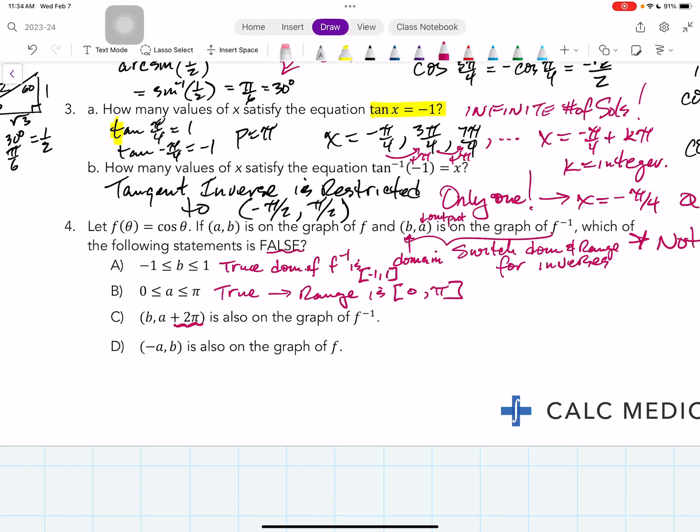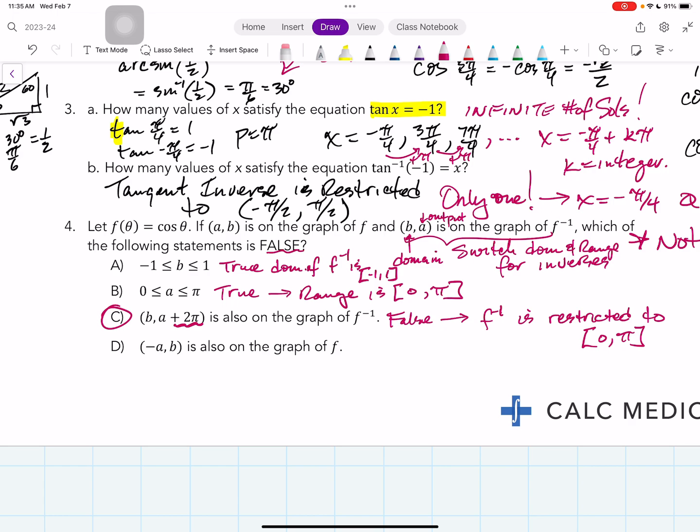So this one's false, because the inverse function, f inverse, is restricted from 0 to pi, and if you add 2 pi to the range, you're going to be out of the interval. So this is false.